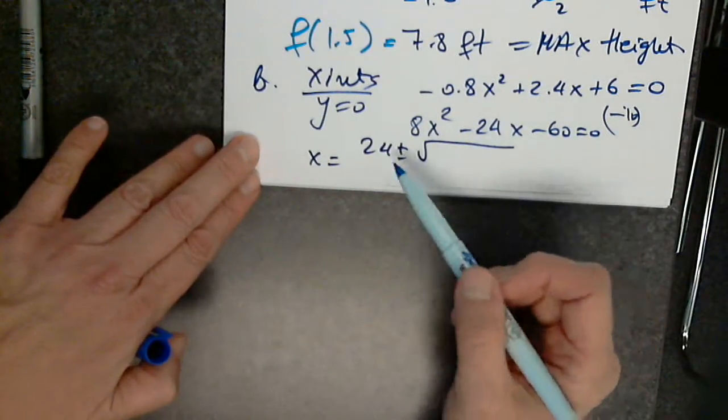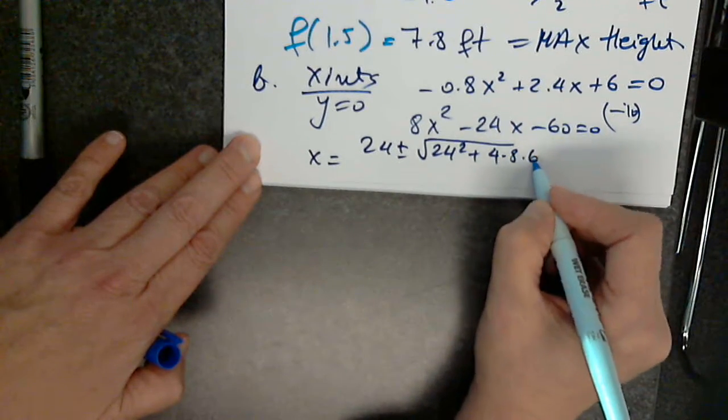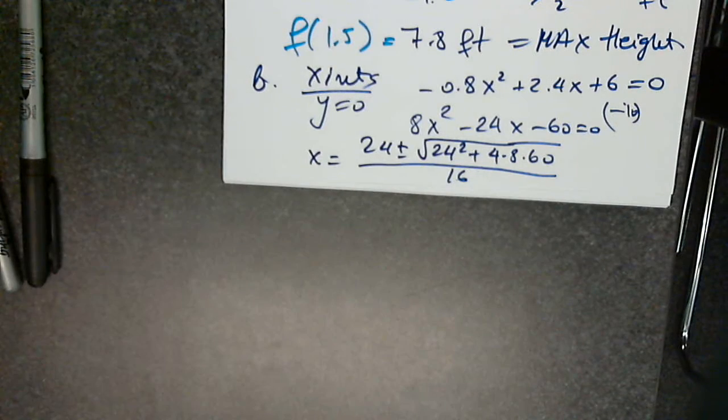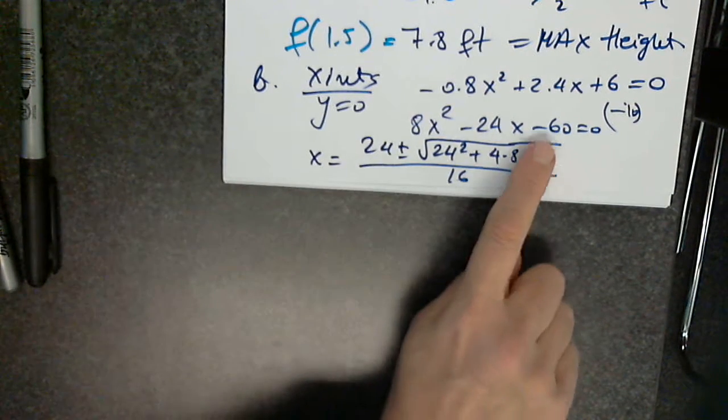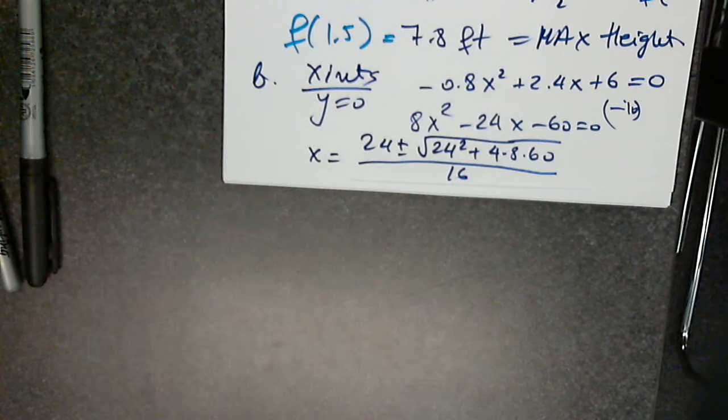So -b plus or minus the square root of b squared minus 4ac. 4 times 8 times 60 divided by 16. -b, 24, plus or minus the square root of 24 squared, minus 4ac, but since c is negative, I change this into positive. 4 times 8 times 60 over 2 times 8.